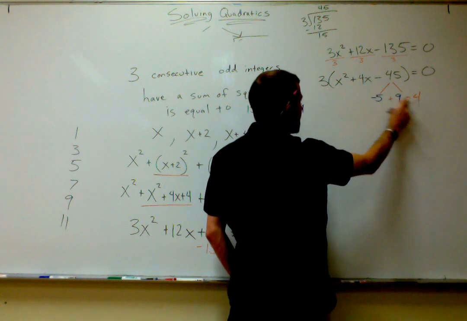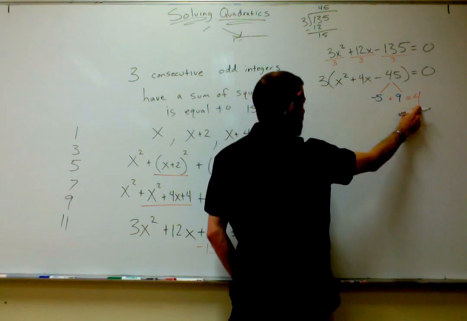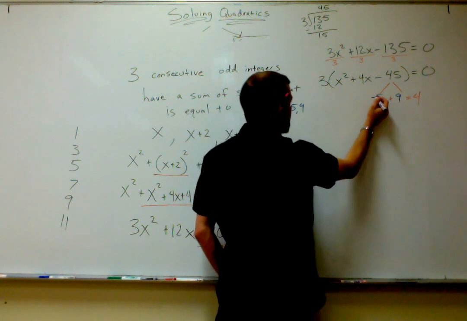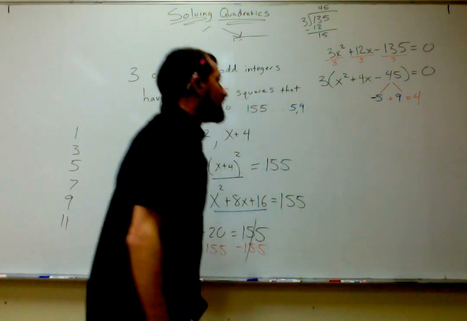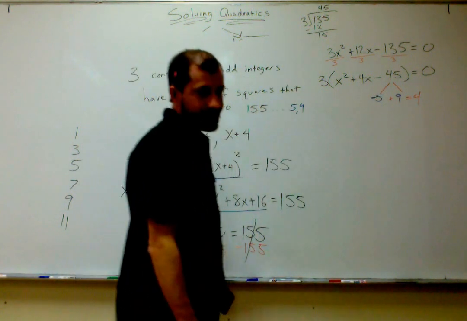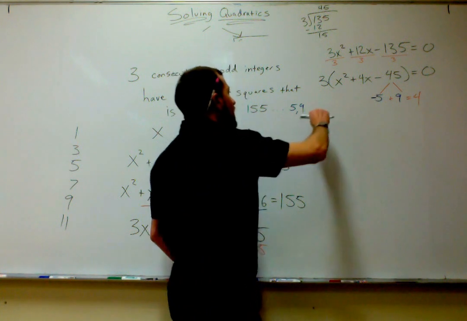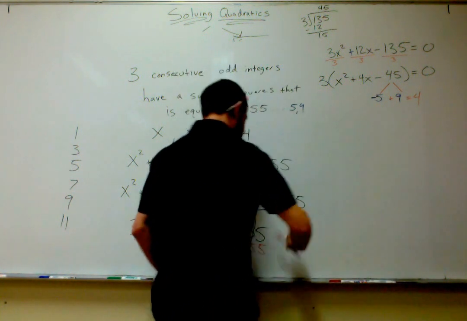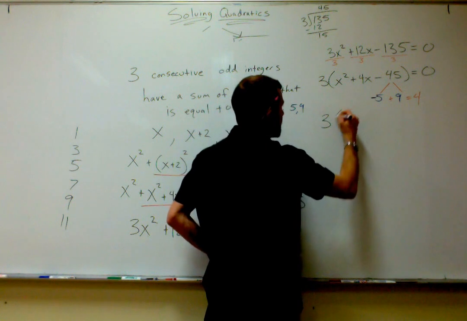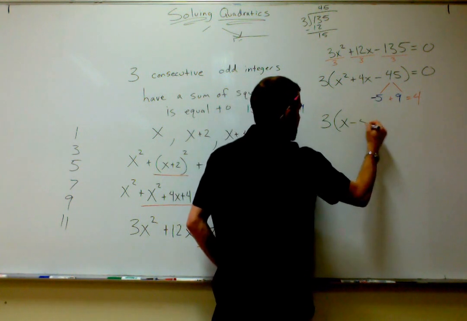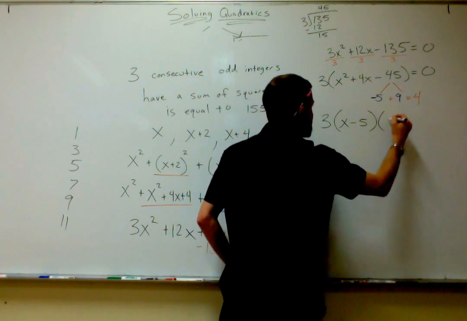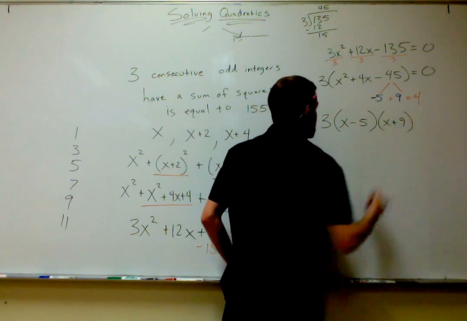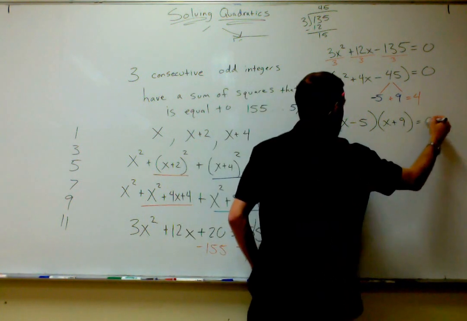The sign of your middle coefficient is always the sign of the larger number. Excellent. So now I know I can go straight to my factors, which are 3 times (x minus 5) times (x plus 9). This all equals 0.